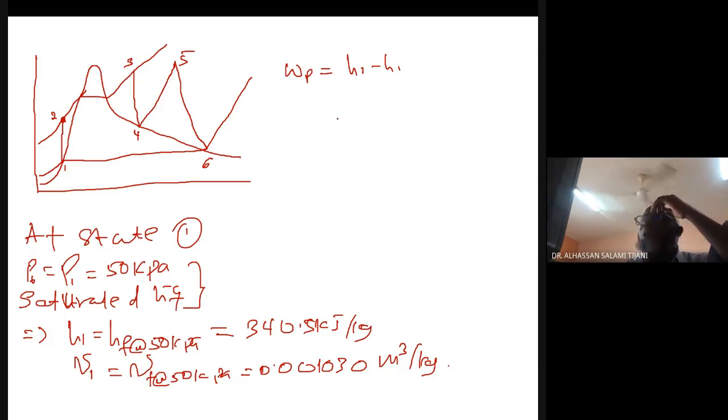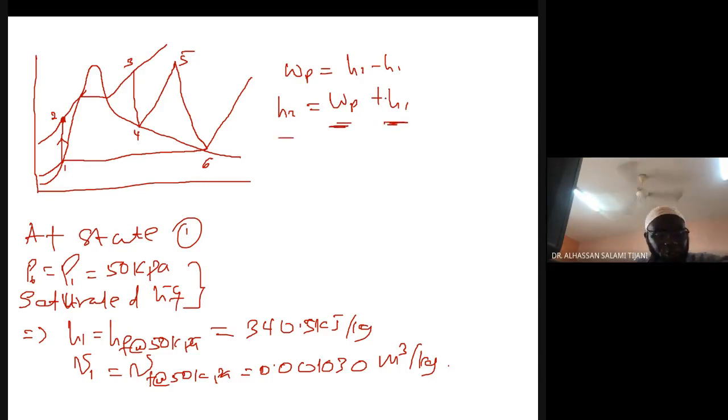That's the work input to the pump, because we need a pump to pump the fluid from state 1 to state 2. So H2 equals W pump plus H1. If you know W pump, just add it to H1, then you can get H2. That's the easiest way to determine H2.